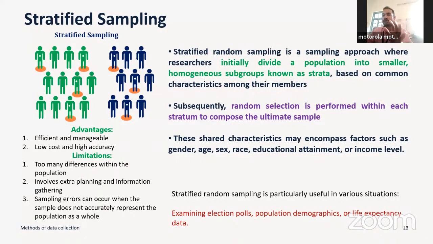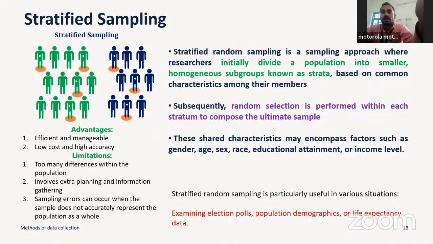Suppose we are working on the educational system and want to analyze ratios, like the number of students present in a college, based on different characteristics like age, sex and some other factors. At that time we need to homogeneously divide the population into small groups.